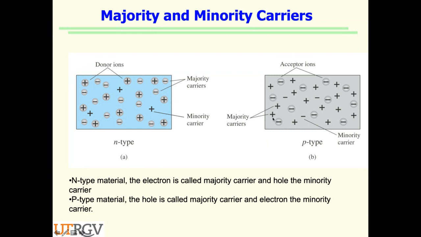That would be holes. What would be the minority carrier if you dope it with acceptors? That would be electrons, right? Just some terminologies which are interconnected, and I hope you guys can remember those.